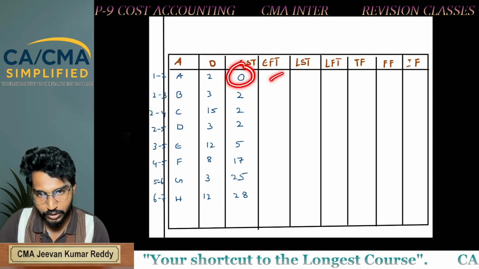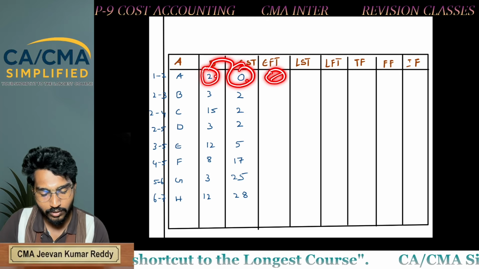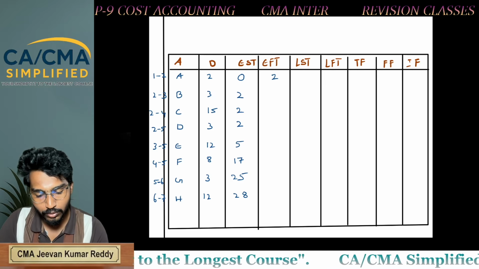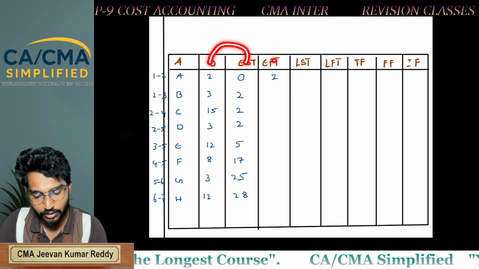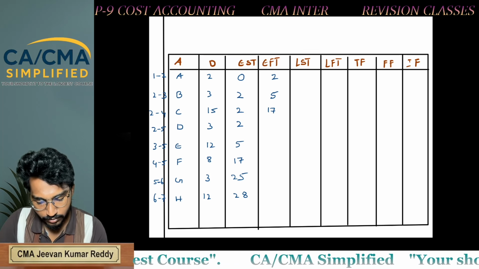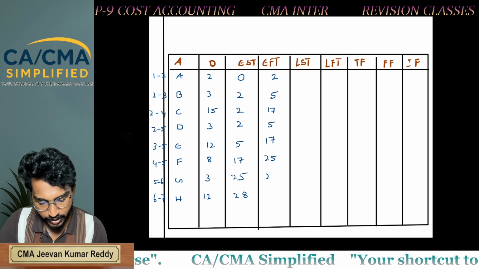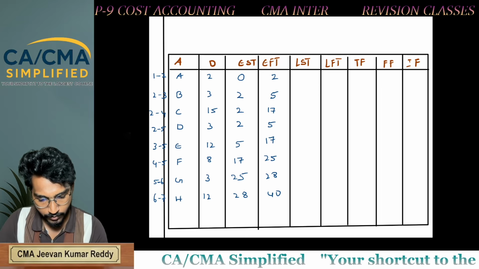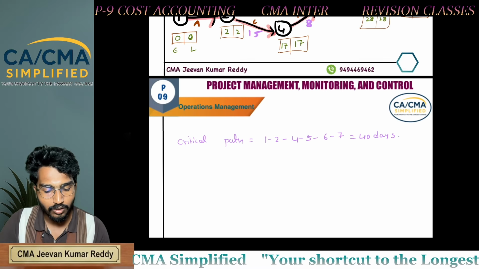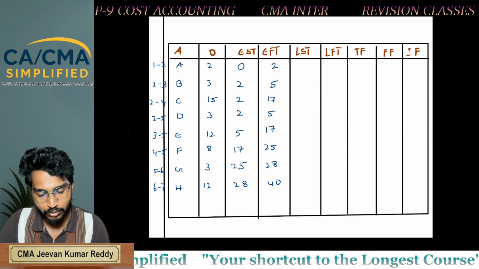You started at 0 days. After completing 2 days of work, that work will be finished. So 2. EST plus duration, you will get EFT: 2, 5, 17, 5, 17, 25, 28, 40. So this is the finish time. That's why it will end at the last event.